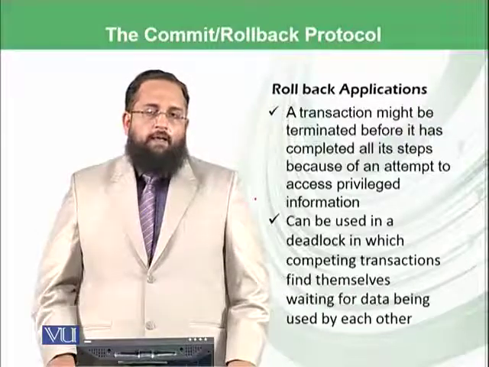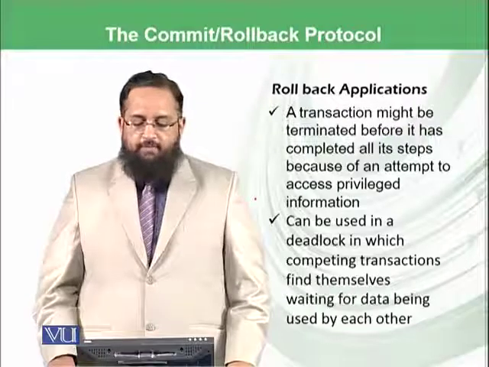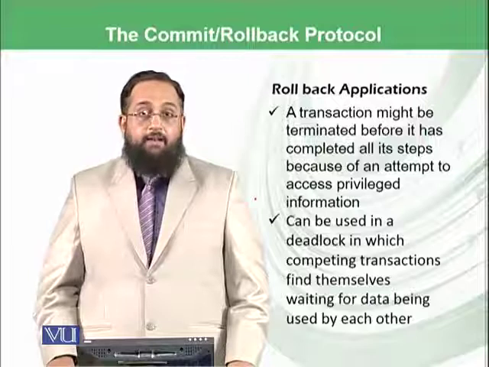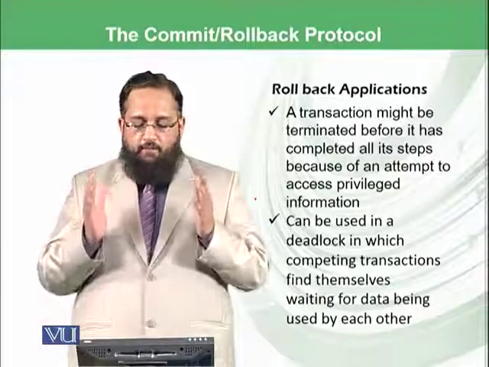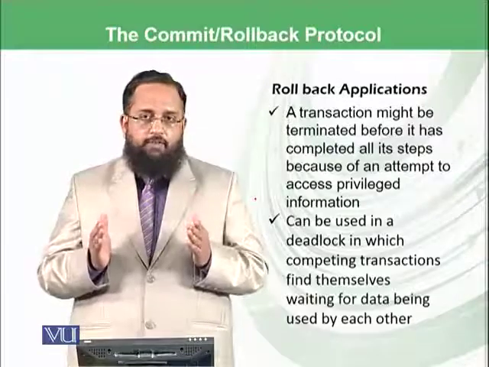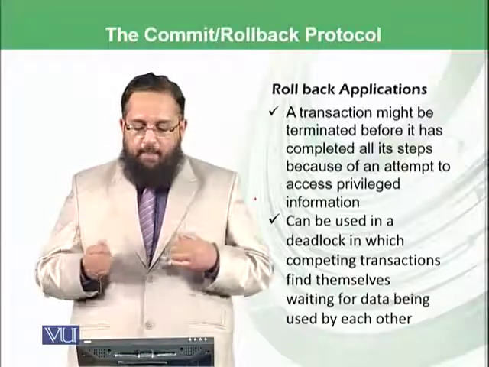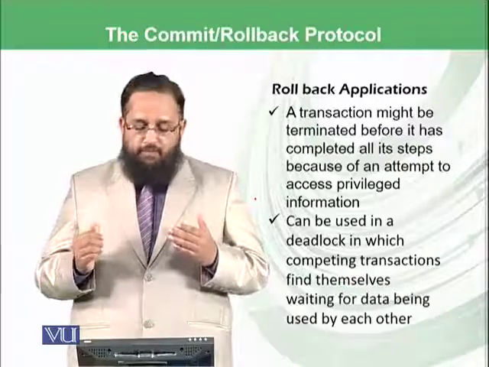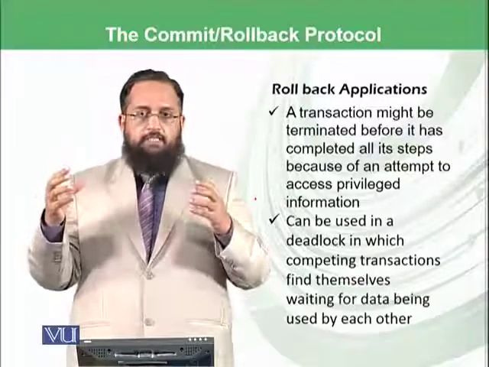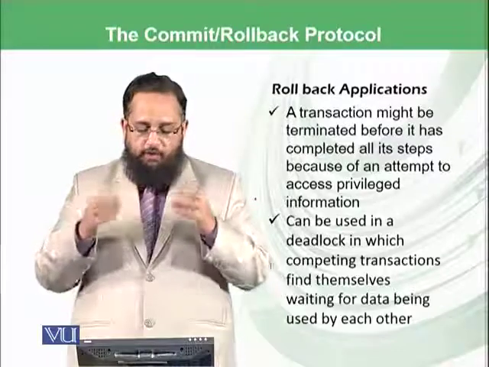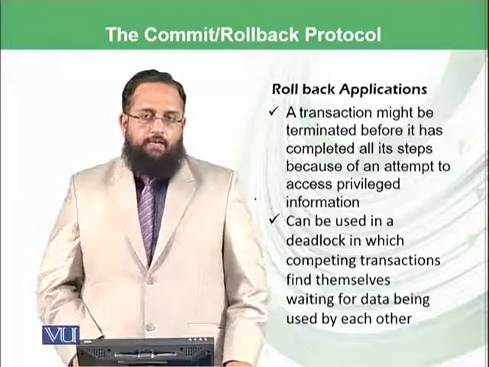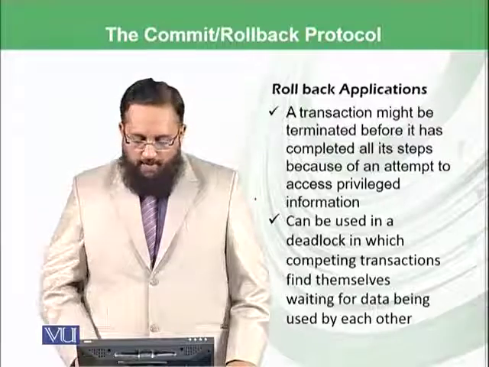Rollback has many applications, as we have discussed. A transaction might be terminated before it has completed all of its steps because of an attempt to access privileged information. In that case, you can use rollback. It can also be used in a deadlock, in which competing transactions find themselves waiting for data being used by others. In that situation, you can perform the rollback.